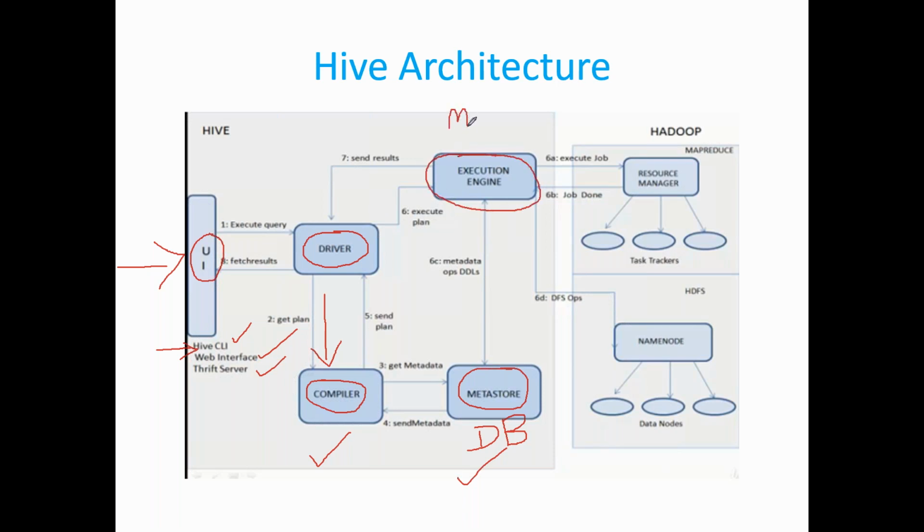Execution engine is nothing but MapReduce. By default, the execution engine is MapReduce. Then MapReduce will get in touch with the respective HDFS components to get the data processing done, and finally the results are sent from MapReduce to the driver. Then the driver will take those results and send them back to the UI wherever the query has been run from.